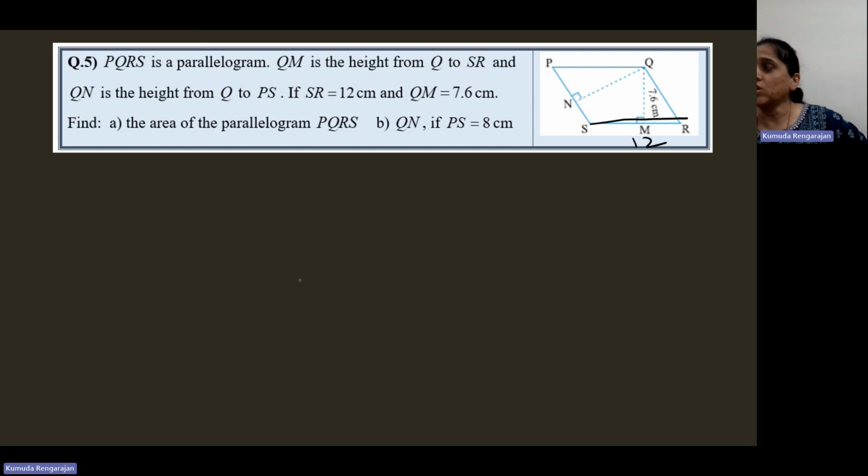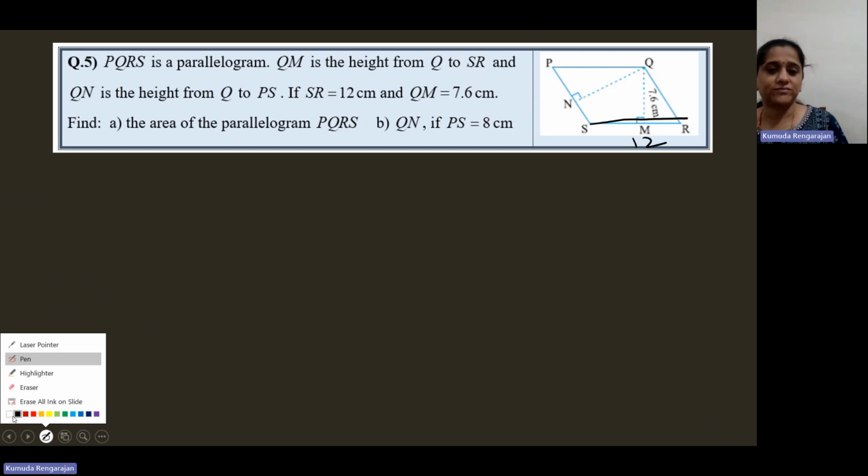Which is the altitude on SR? QM. Which is the altitude on PS? QN. Yeah, correct. Now, where do you know both the base and altitude values? SR and QM. So how will you find the area? Using SR as the base and QM as the height. Now you know the area, right?